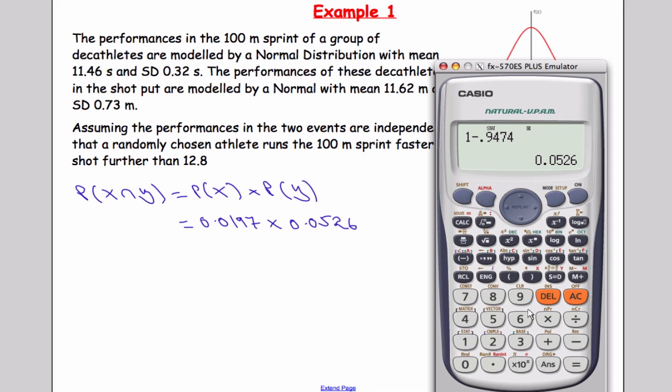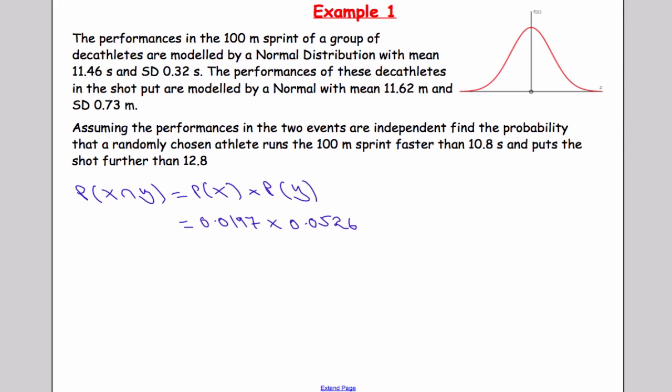Let's crack out the calculator. 0.0197 multiplied by 0.0526 is 1.03662 times 10 to the minus 3. Let's just write that down.